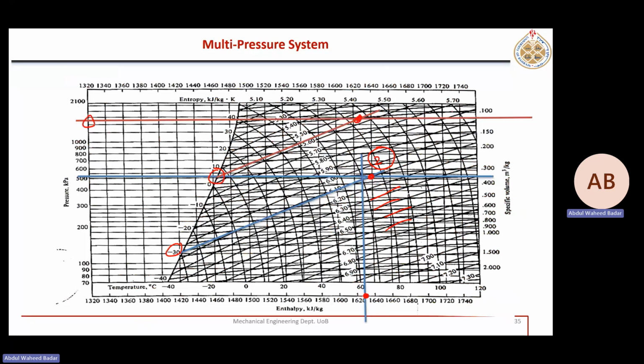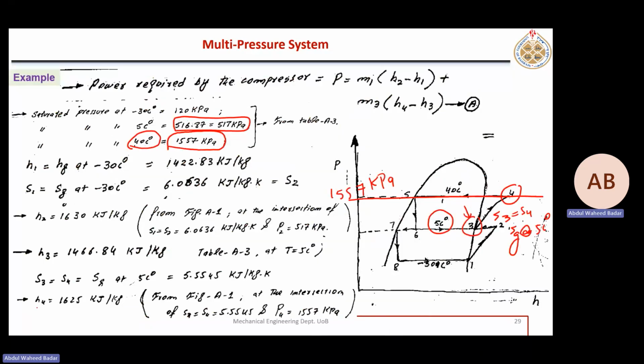So this is point 4, this is point 2, this is point 3, this was point 1. 1 to 2, 2 to 3 cooling, then 3 to 4, second compression. Draw another vertical line for enthalpy. That is about 1625. 1620, this was 1630. Now it is between these two, so 1625. H4.